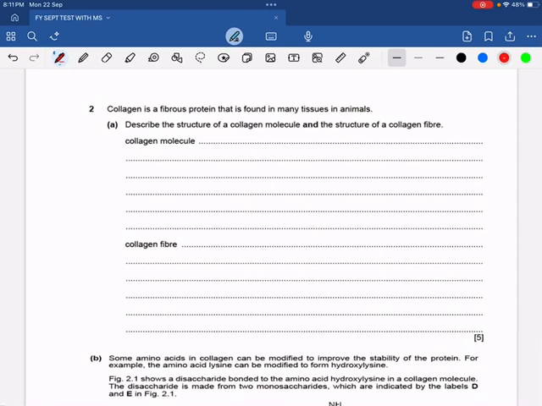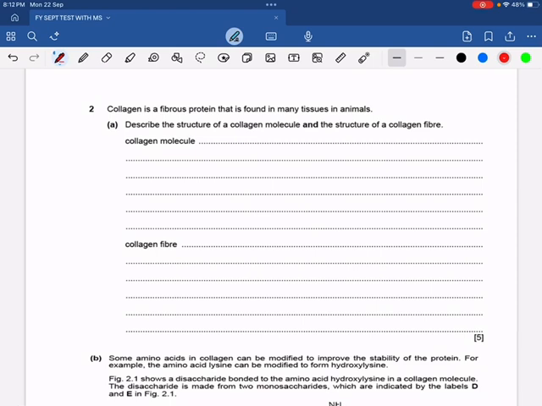So when you say that collagen is insoluble, or collagen gives you tensile strength, these are only the functional aspects of collagen. The examiner is not interested in the functional aspects. He wants you to focus entirely on the structure of the collagen molecule and the structure of the collagen fiber.